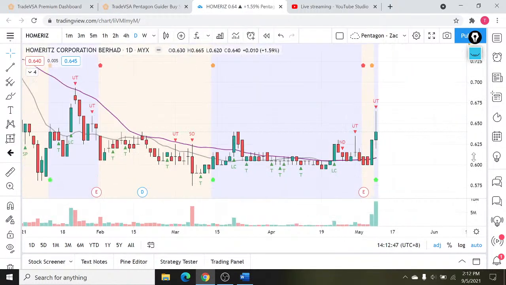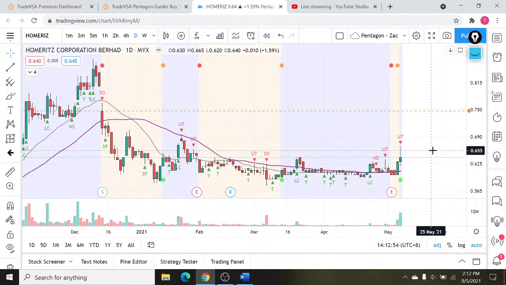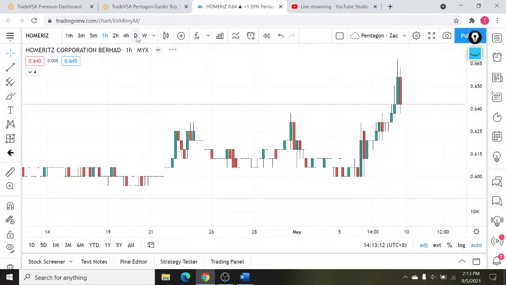Because some member asked me also, I don't know whether some of these members are watching this or not, but for members, if you're curious why UT and Pentagon happen in the same bar, this is the reason why: the bar itself is an up bar with high volumes, but it turns to UT in the end. So sometimes during morning momentum, but towards the last trading hour there is some profit taking, so this will happen too.